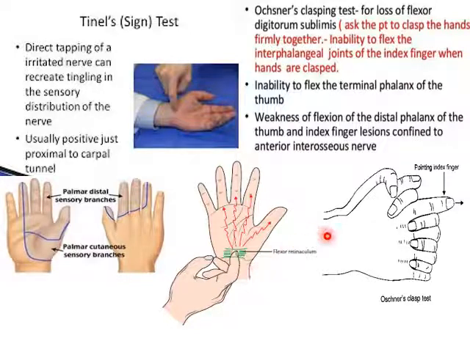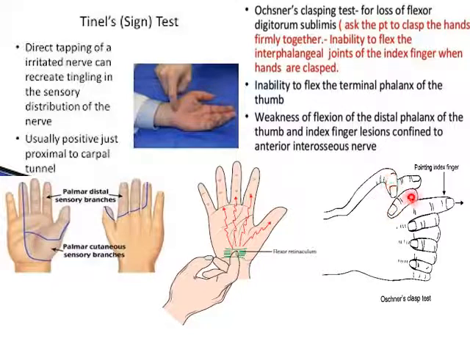Another test is called Osler's clasping test or the pointing index fingers test. When the patient is asked to clasp the hands together, the index finger and the thumb fail to flex on the median nerve lesioned side.